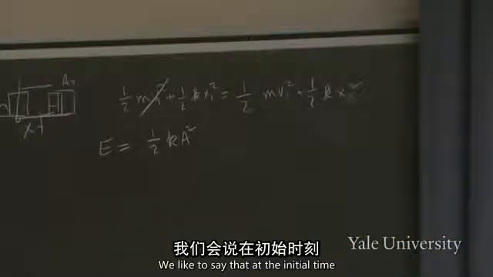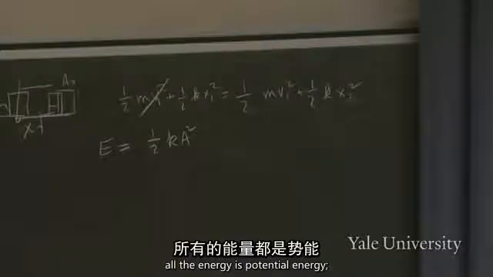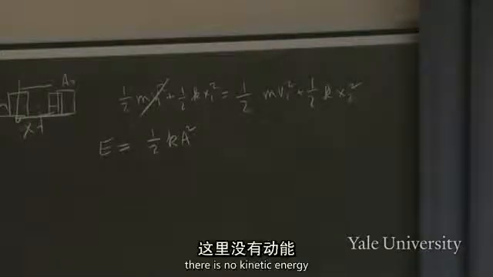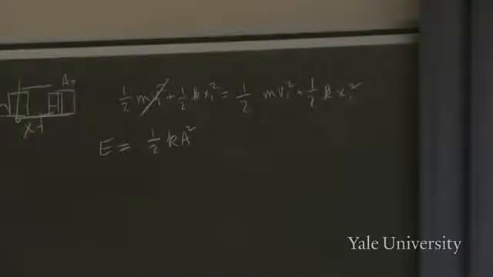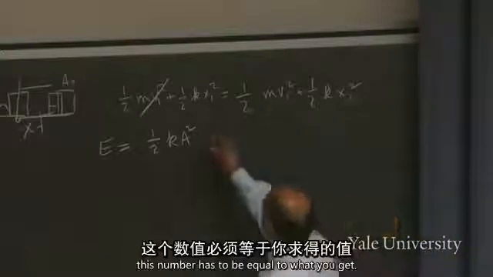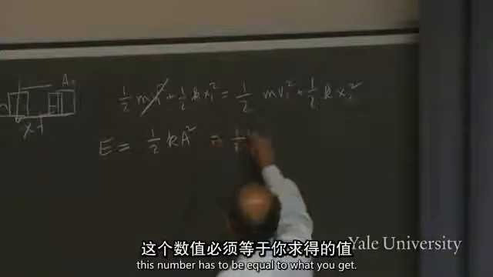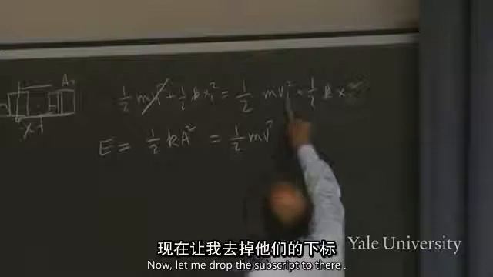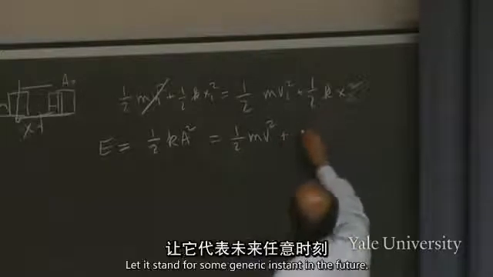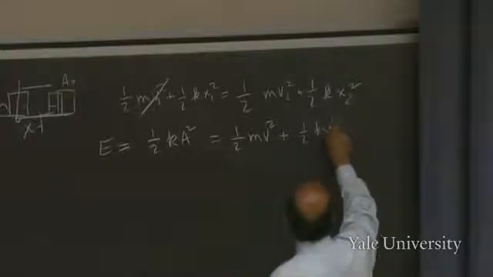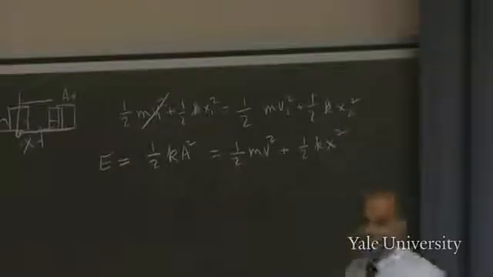We like to say that at the initial time, all the energy is potential energy. There is no kinetic energy because there is no motion. At any subsequent time, this number has to be equal to what you get. Let me drop the subscript 2 there. Let it stand for some generic instant in the future. This much we know.